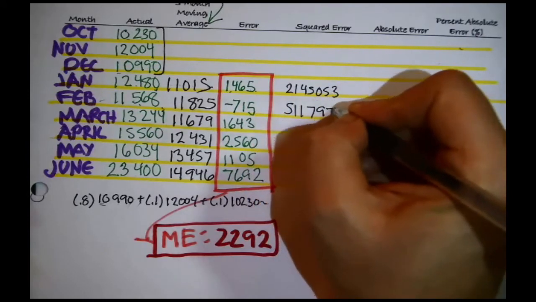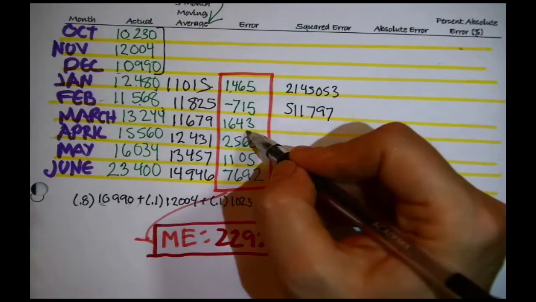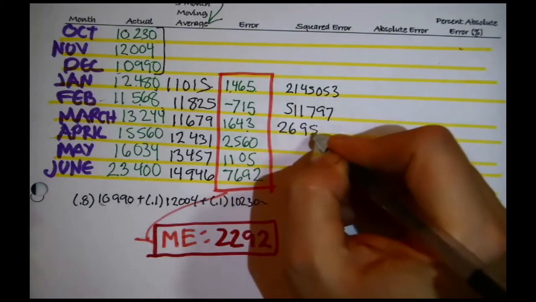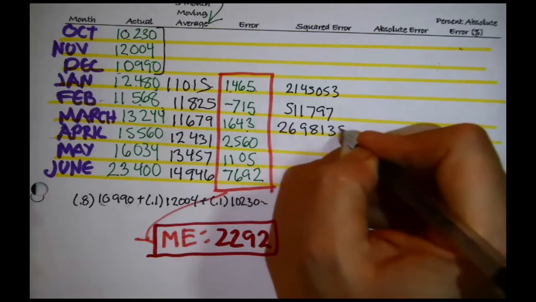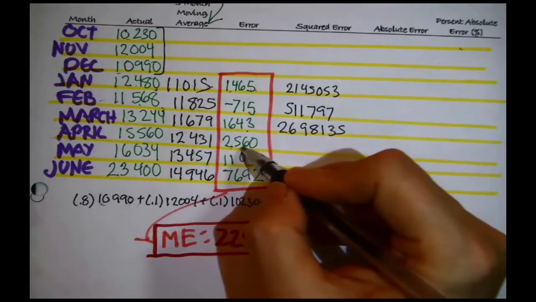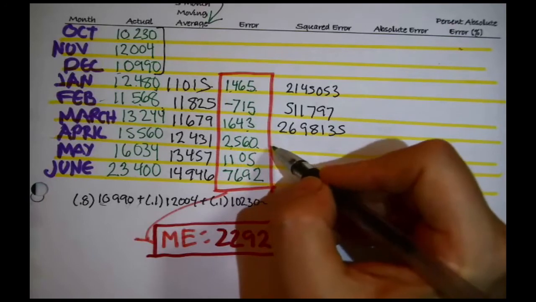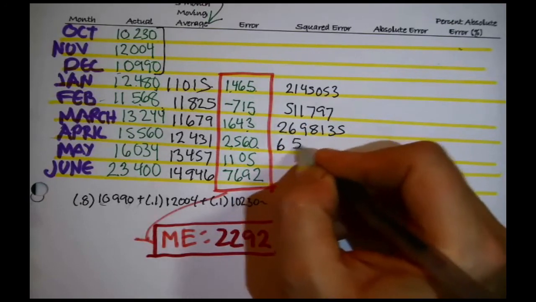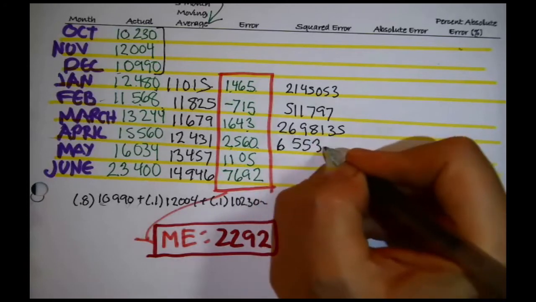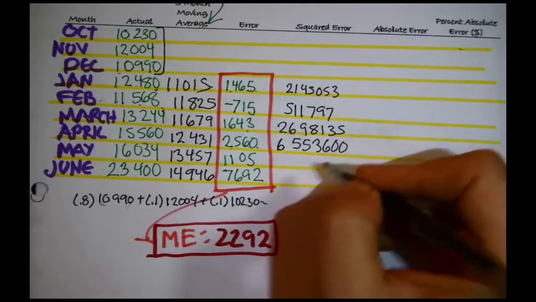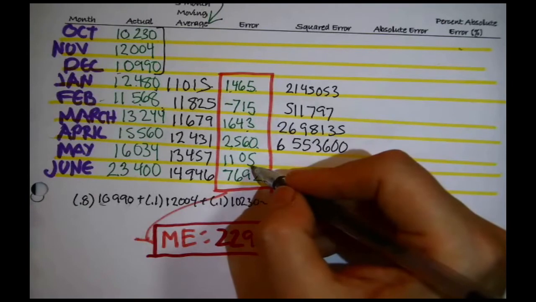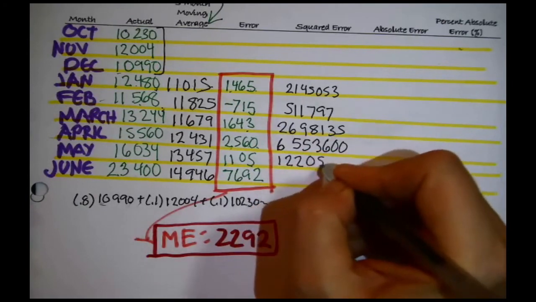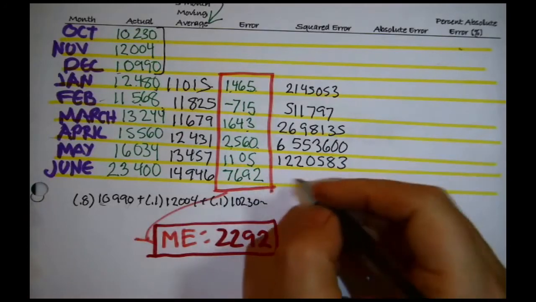I get 511,797. Take this number in March and square it. I get 2,698,135. In April, if you say 2,560 times 2,560, I get on my calculator 6,553,600. In May, a squared error of 1,220,583, and in June, take this number and square it.